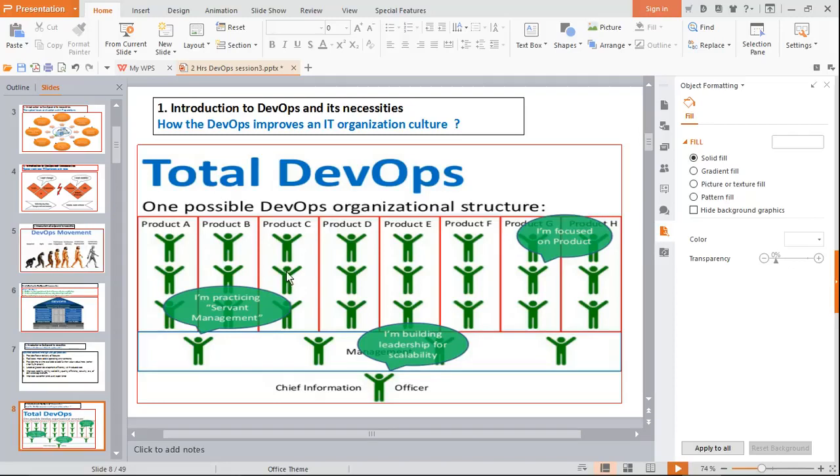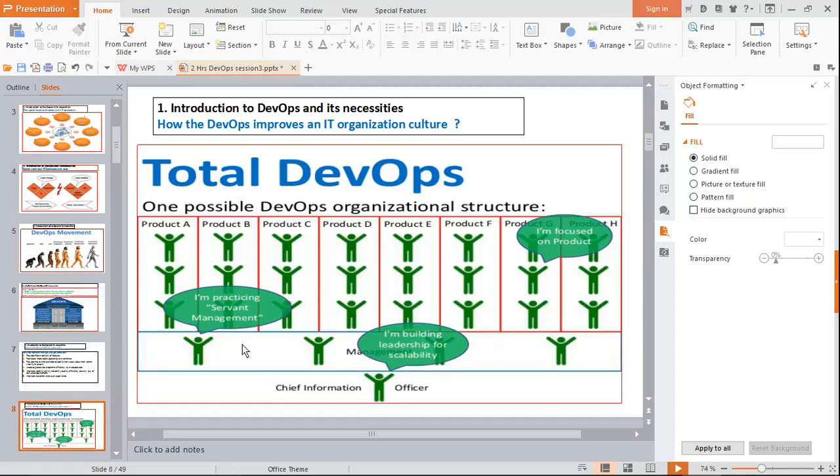So each team is divided separately product wise by having 6 to 8 teams as per the Agile manifesto principles. And one guy says I am practicing servant management. So let us say a typical scrum master role is servant manager, servant leadership role. So that guy says yes, he is practicing servant management practices.